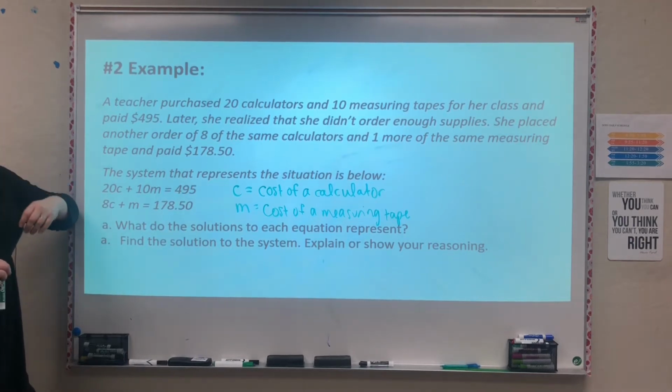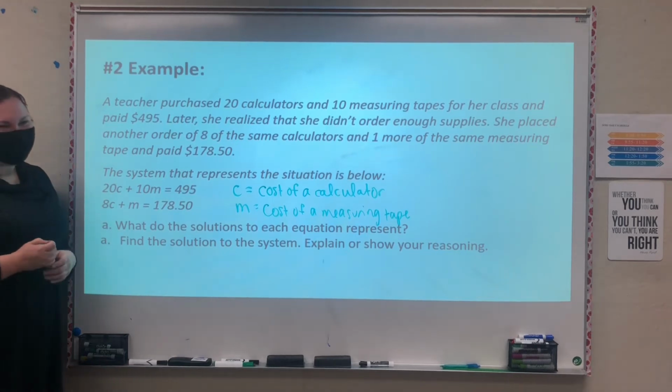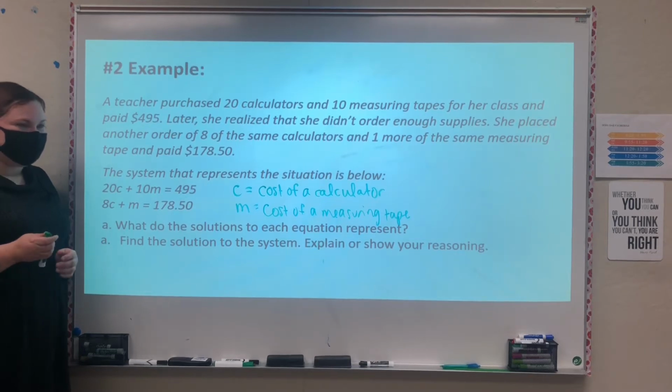Because if you're specifically buying 20 calculators plus specifically 10 measuring tapes, and when you buy that many, it equals specifically $495. But I guess, like how I said before, no.